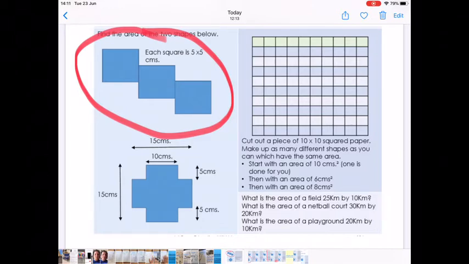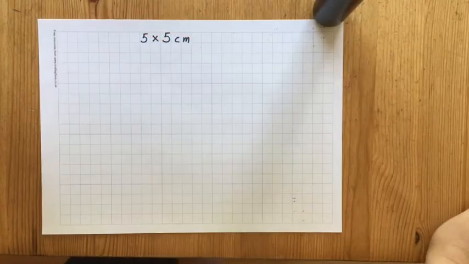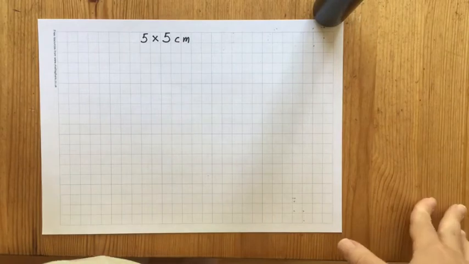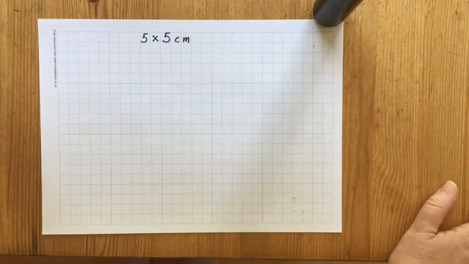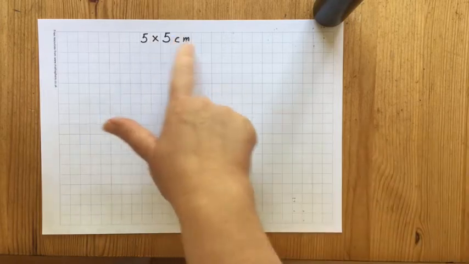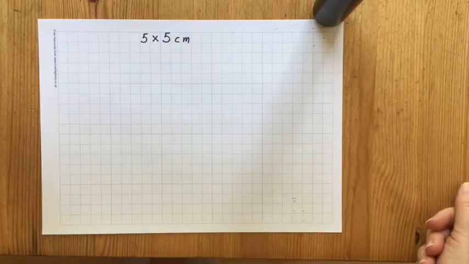I don't have any little squares to count on those. What can I do? I've taken the square paper I have at home. You've got square paper in your numeracy books. And I am going to use these measurements to create a square.